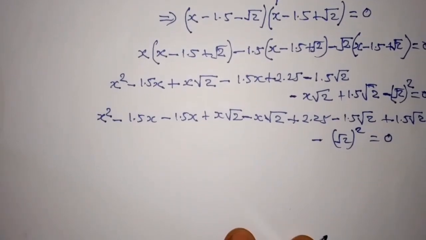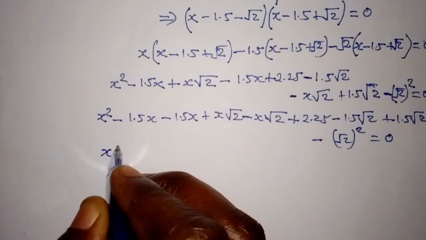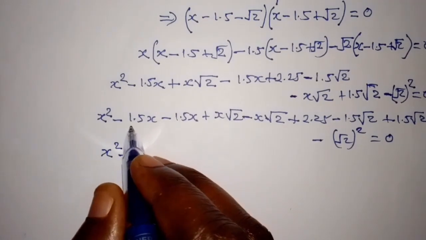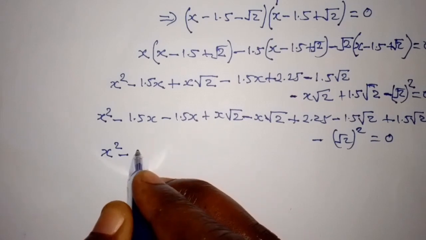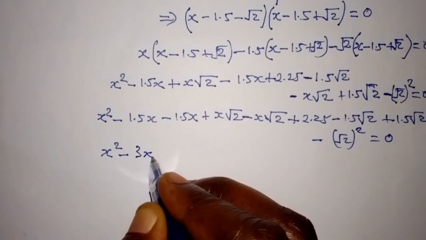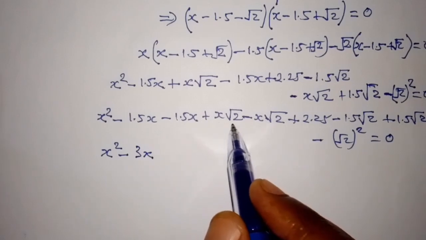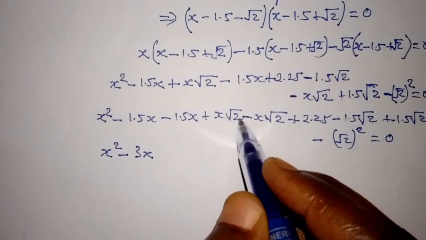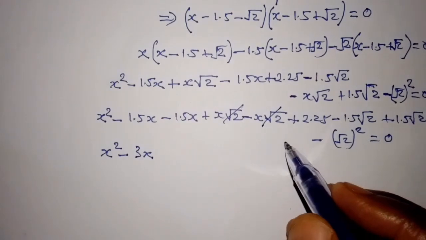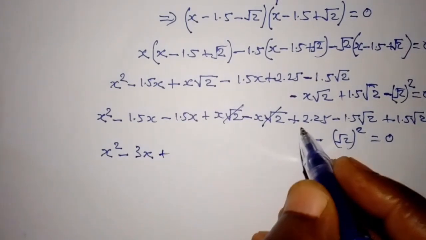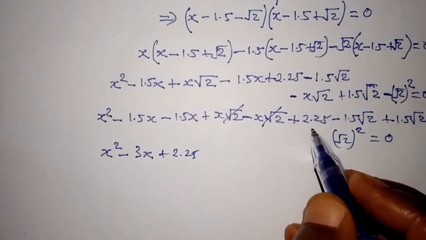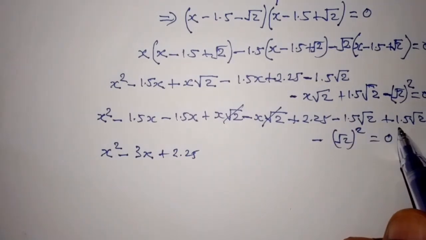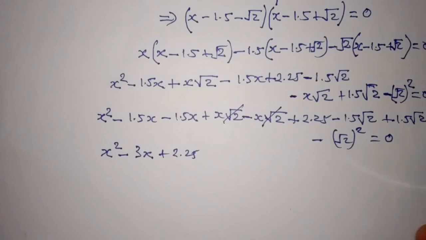And this is giving us x squared minus 1.5x minus 1.5x is giving us a 3x. x square root of 2 minus x square root of 2, positive x square root of 2 and minus x square root of 2 cancel one another. And this is a plus 2.25 here, minus 1.5 square root of 2 plus 1.5 square root of 2 cancel one another.